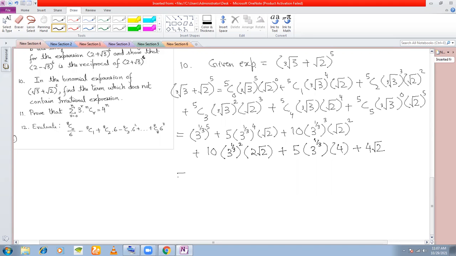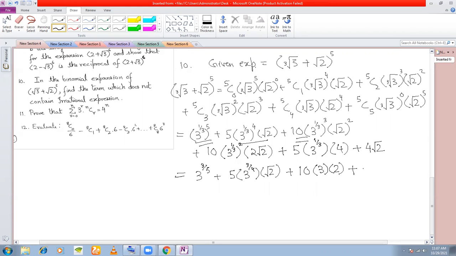Right? Now, can you tell me which one does not contain the irrational part? See, this is irrational because it has fractional power, right? 3 to the power of 5/3. And this one is also irrational because it contains fractional power: 5 into 3 to the power of 4/3 into root 2, right? This one is the only term that does not contain the irrational parts: 10 into 3 into 2, right?